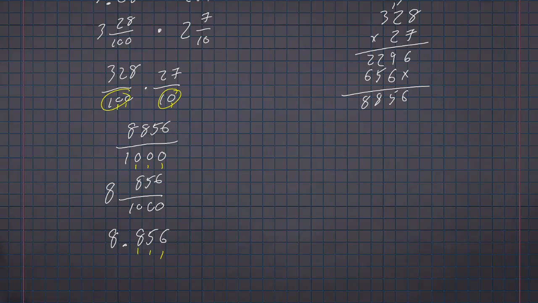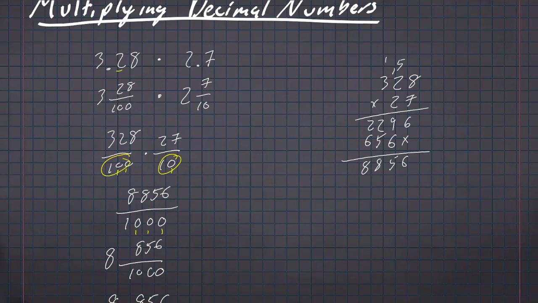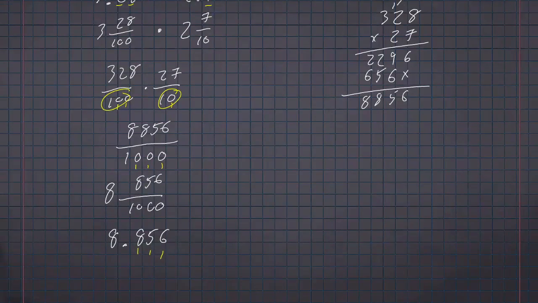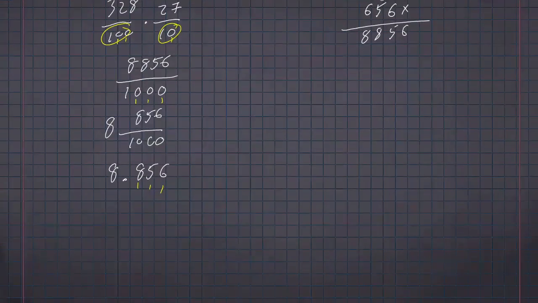A shortcut that is often taught is count the number of digits after the decimal point in each of the numbers you're multiplying, add them up, and that's how many digits will be in the number after you finish multiplying. So to avoid writing all of the things as fractions, we can use that to our advantage.